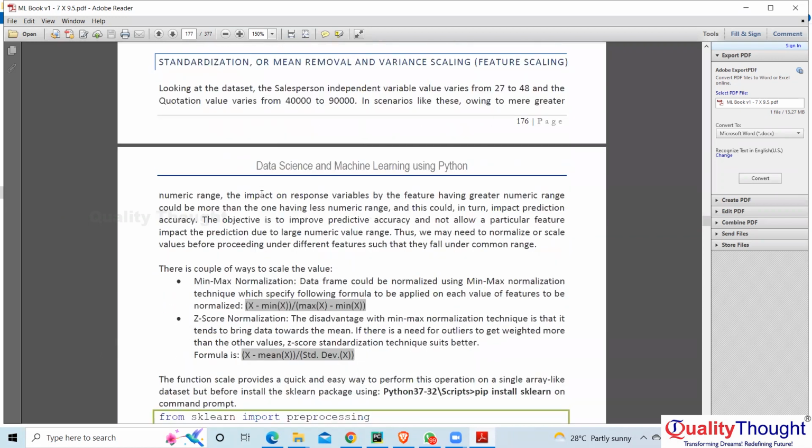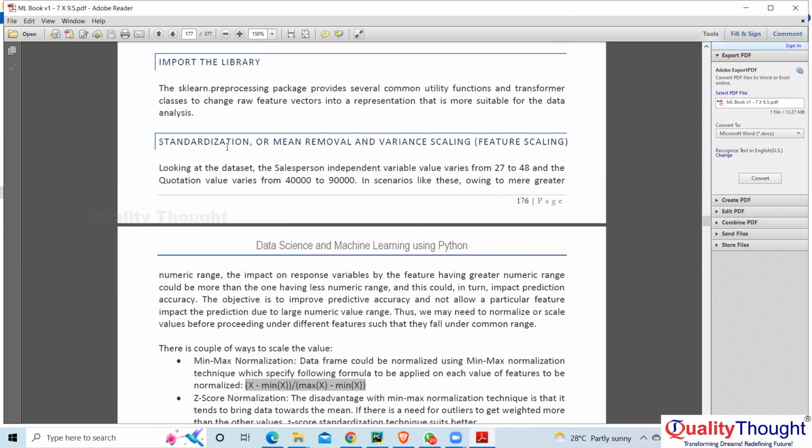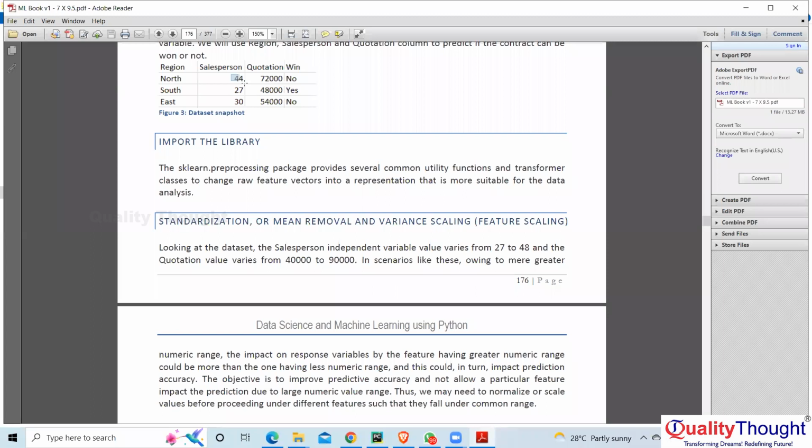So there is a formula here. Each x becomes x minus min of x, divided by max of x minus min of x. If I'm taking this column, this is my x value. I want to change this value.